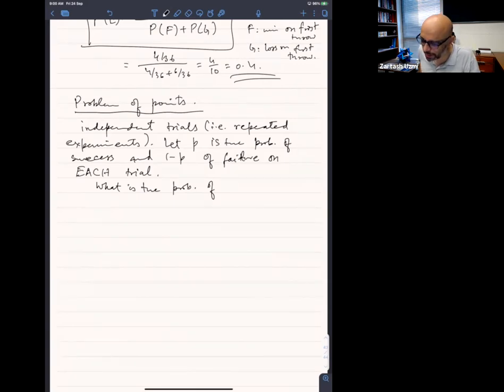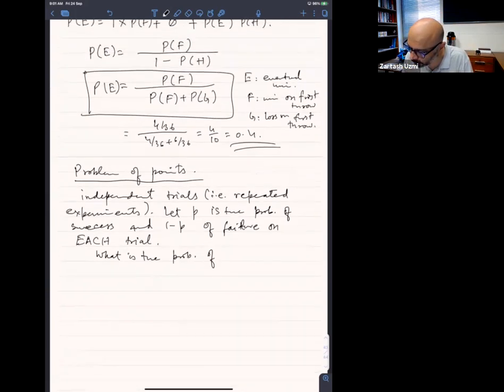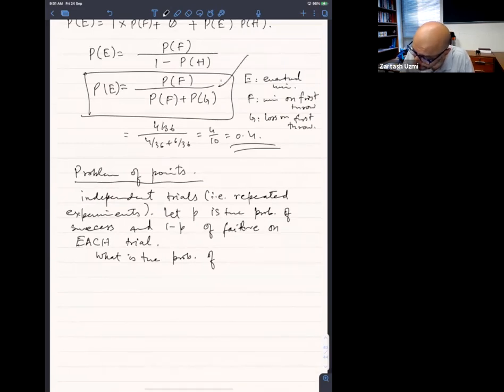That is going to be just P. क्योंकि अगर पहले ट्रायल में आप जीते नहीं तो आप हार जाएंगे. So that would be just P. So in fact, अगर ये वाला formula भी देखें, this would be P over P plus 1 minus P, which is just P.